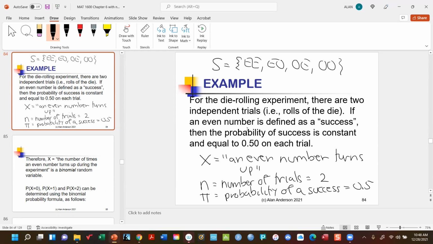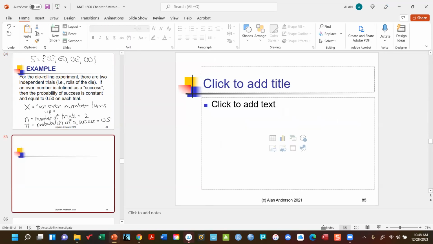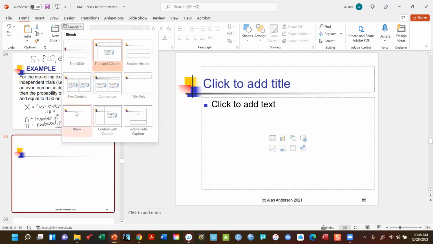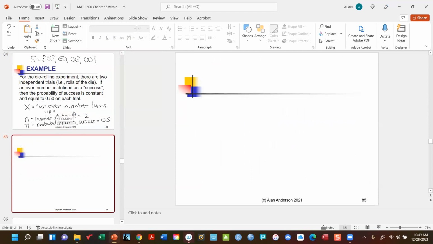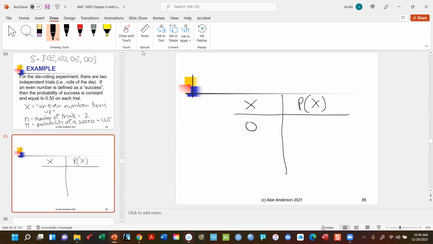Okay, so let's take a look. And of course, we've already done this. Why don't I just quickly review this chart with you? Remember before we defined a probability distribution for this experiment, and we ended up with X equals 0 has a probability of 1/4 or 0.25. 1 had a probability of 1/2 or 0.5.